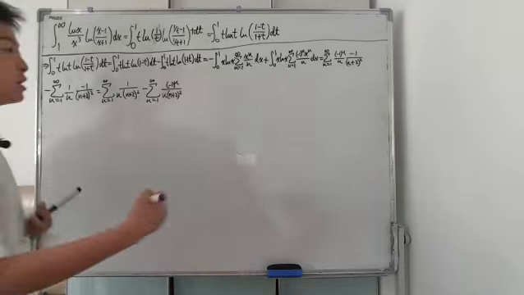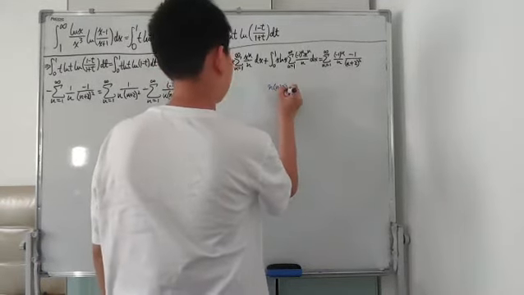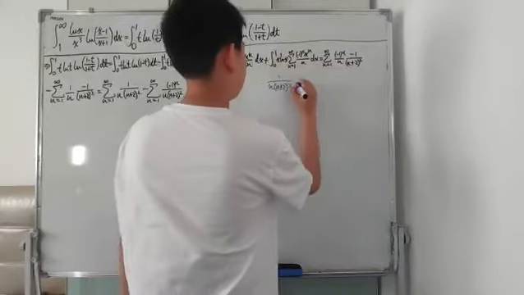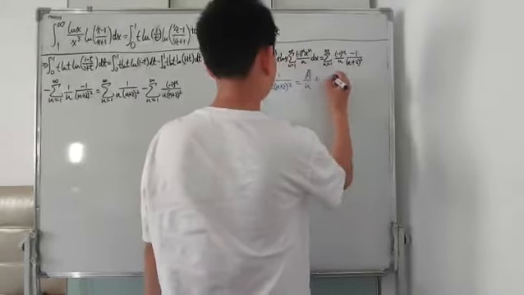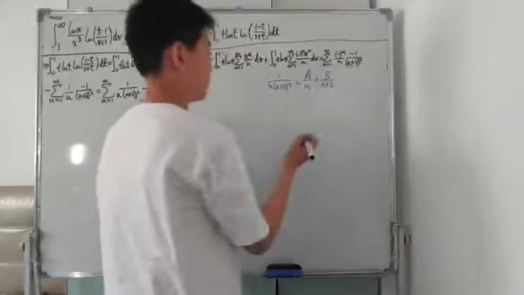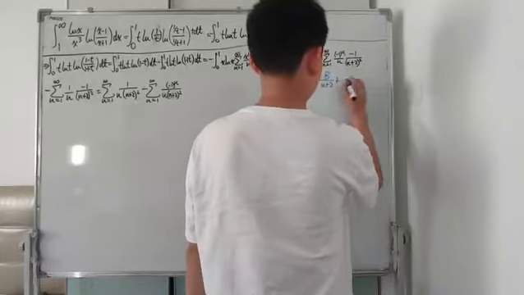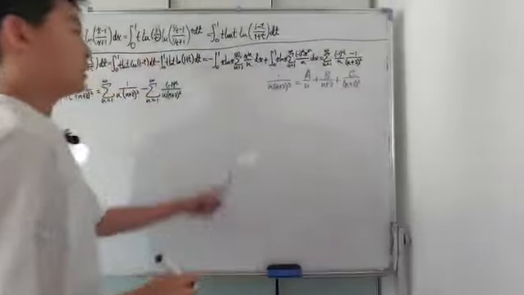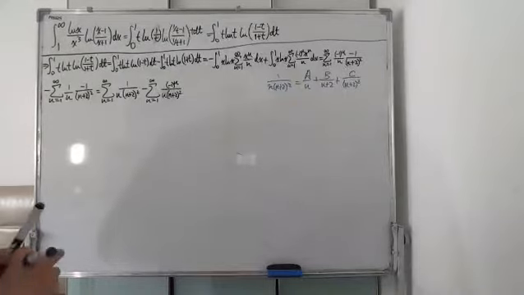So for the partial fraction decomposition, it's going to look like 1 over n times (n plus 2) squared is equal to some constant a over n, plus some other constant b over n plus 2, and then plus a constant c over (n plus 2) squared. And now we can look for these constants.